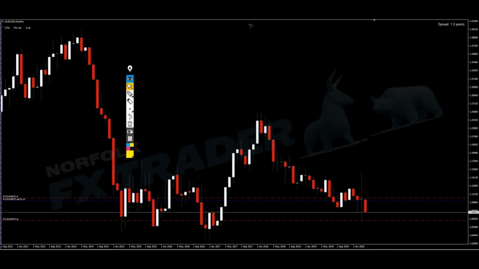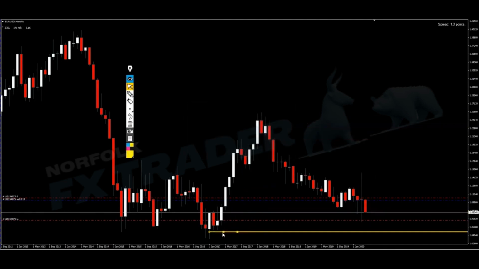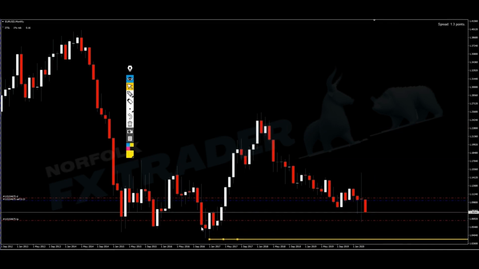Let's quickly mark a couple of lines for this area of demand. Let's make this a solid line, and we're going to mark off the low of that bullish candle. The area we mark is normally either this bullish candle or this bearish open price, where price is sitting right now.